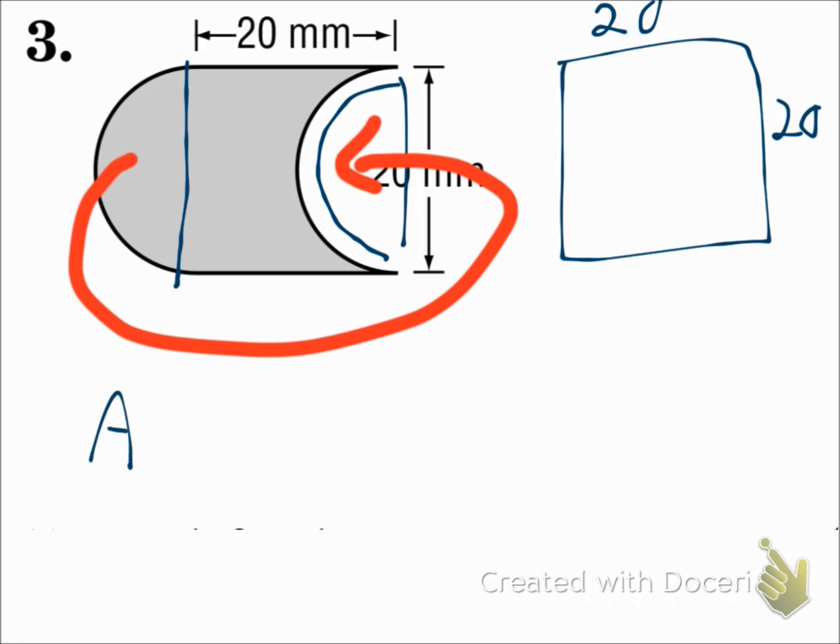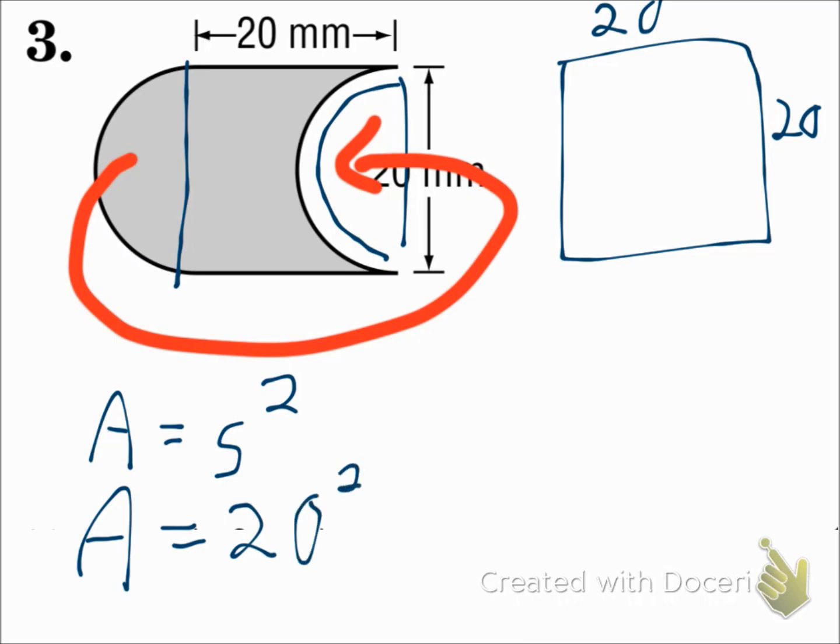For a square, the formula is s squared. A side length here is 20, and 20 squared is 400, and that will be millimeters squared.